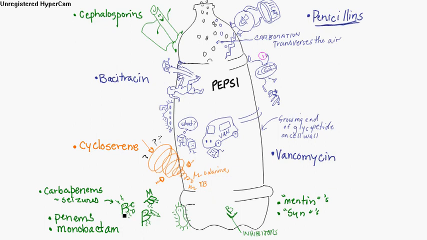But carbapenems can cause seizures, so that's one thing. But these stop the beta-lactamase activity that often doesn't help the penicillins, which we'll get to, but the beta-lactam drugs stop those. And it's broad spectrum, used for a lot of different things.